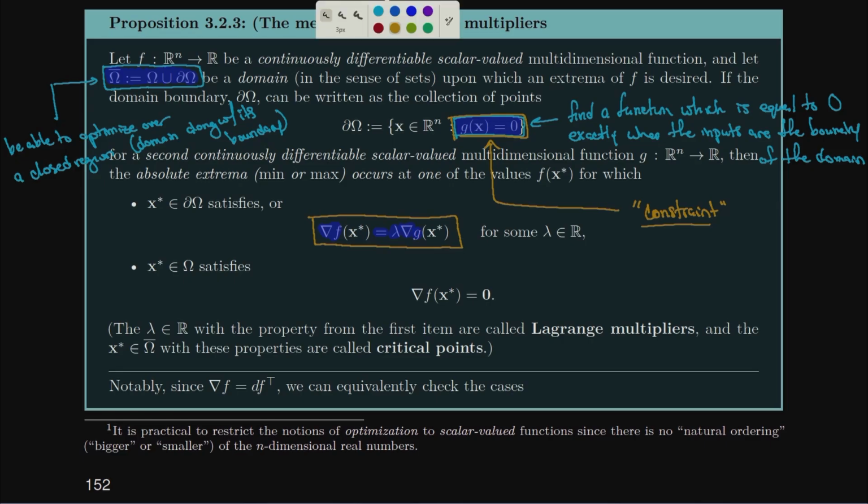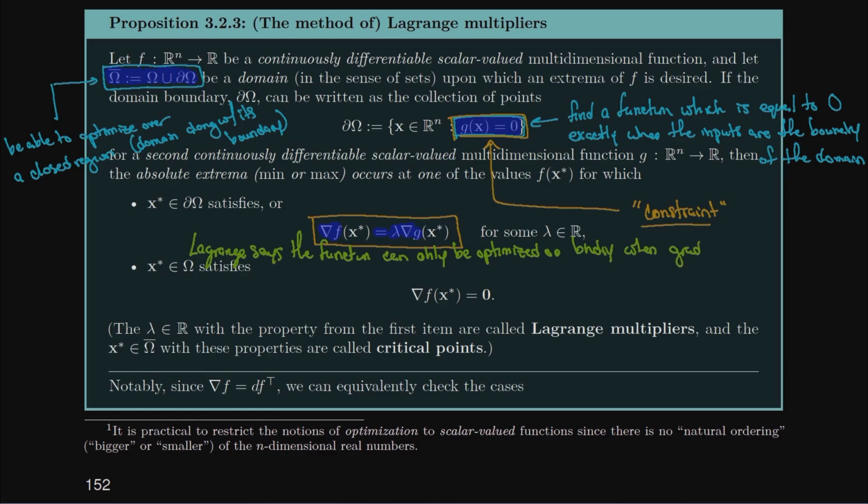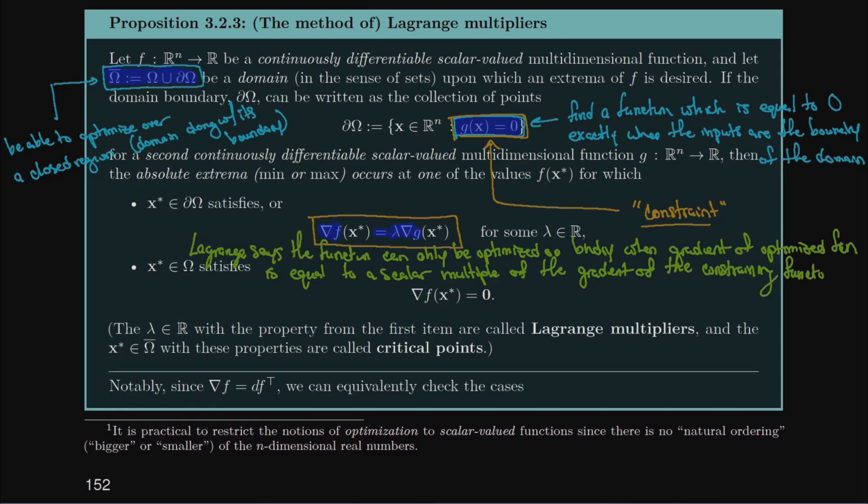So Lagrange says the function can only be optimized on the boundary when the gradient of the optimized function is equal to a scalar multiple of the gradient of the constraining function, or constraint, however you want to call that.